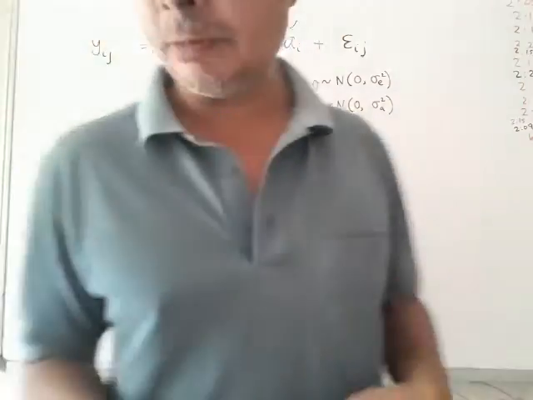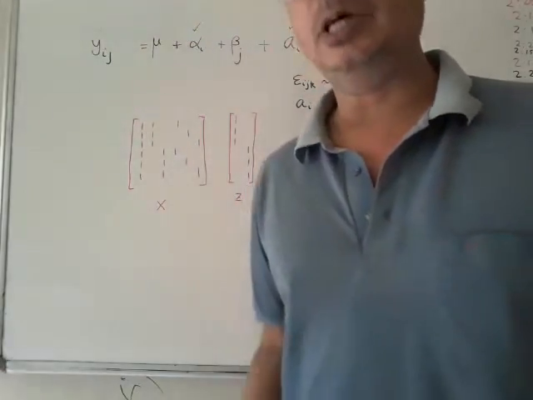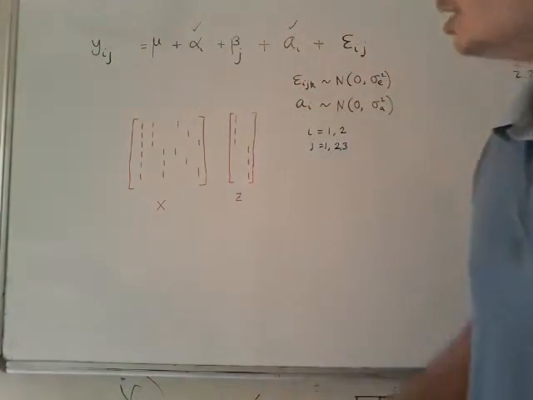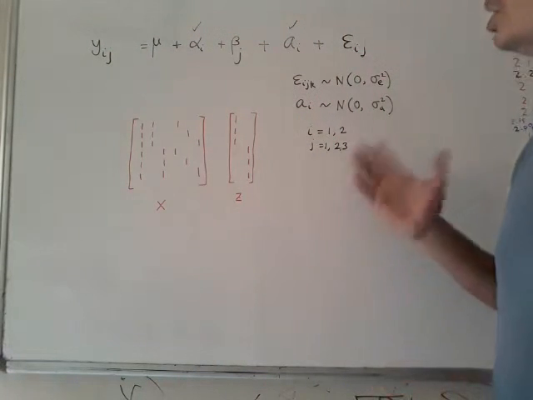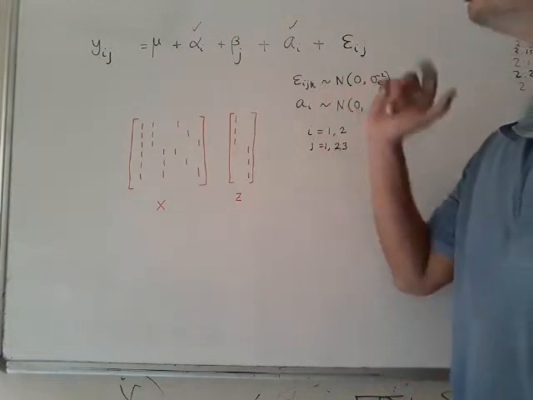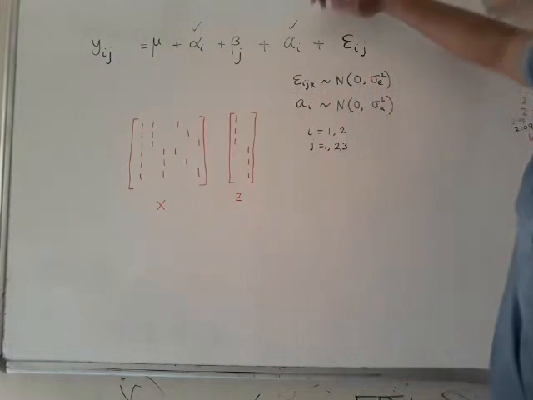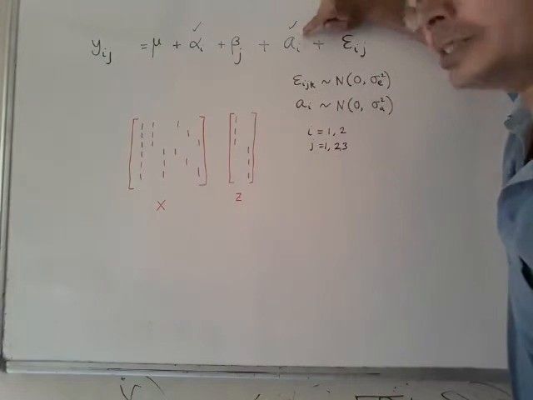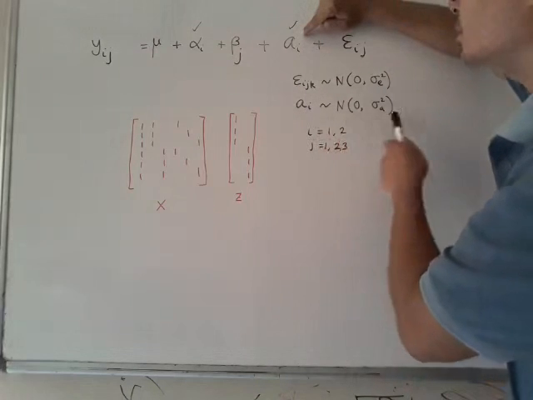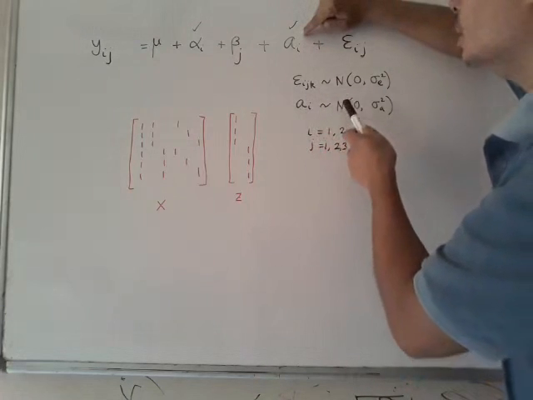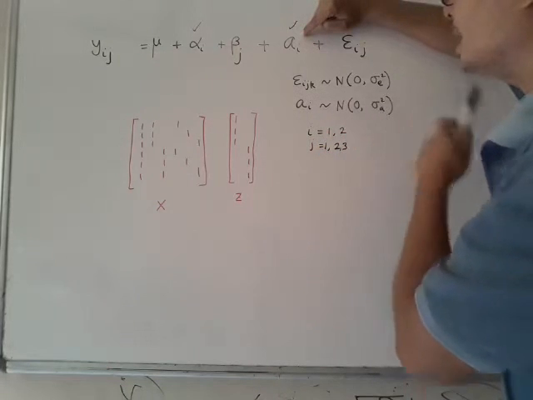How can the same thing be both fixed and random simultaneously? Actually, this is a very simple trick to incorporate non-zero mean. So when we say that ai is a random effect, we have some such assumption in mind: ai follows normal 0 sigma a square.